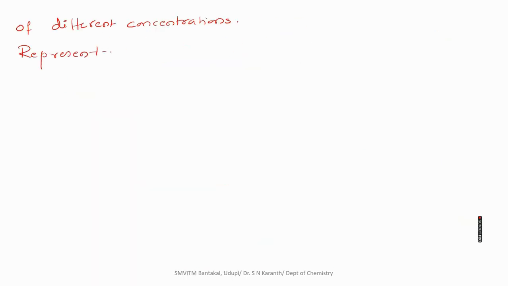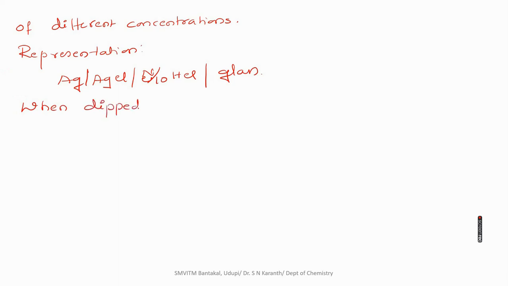Representation of the electrode is here. It contains a silver chloride electrode inside the bulb, and this in turn is in contact with the 0.1 N or N by 10 HCl. In turn it contacts the glass bulb. So the representation of the electrode becomes Ag | AgCl | N/10 HCl | glass. So when you dip this electrode in an analyte solution, the glass bulb is in contact with the analyte solution.